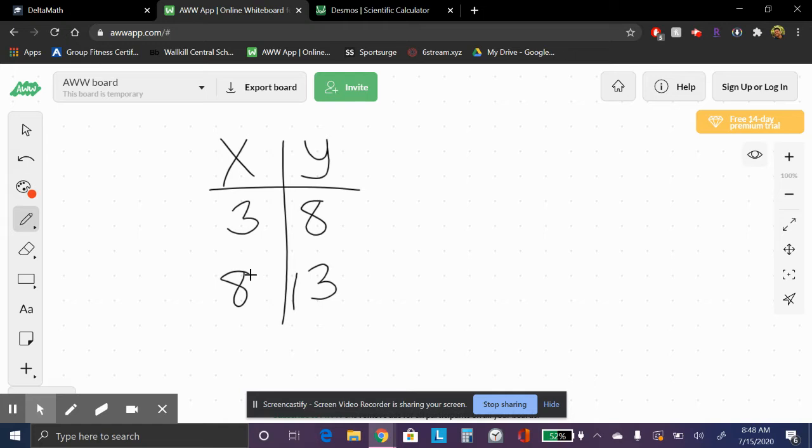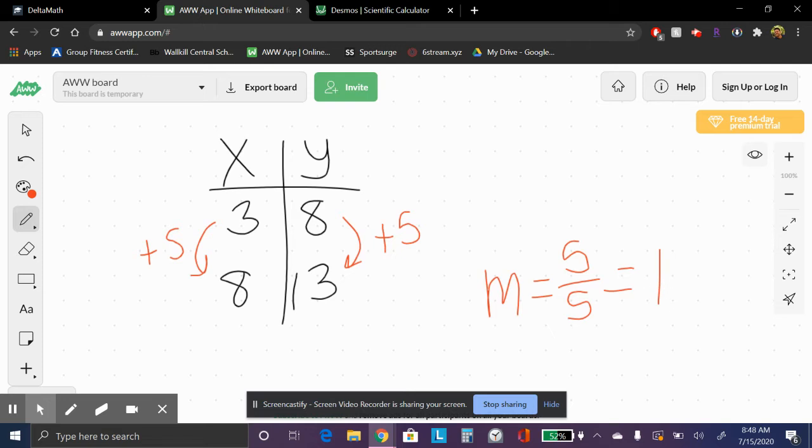This shows the run. So 8 to 13 goes up 5. 3 to 8 goes up 5. So my slope is 5 over 5, and I simplify that all the way to 1.